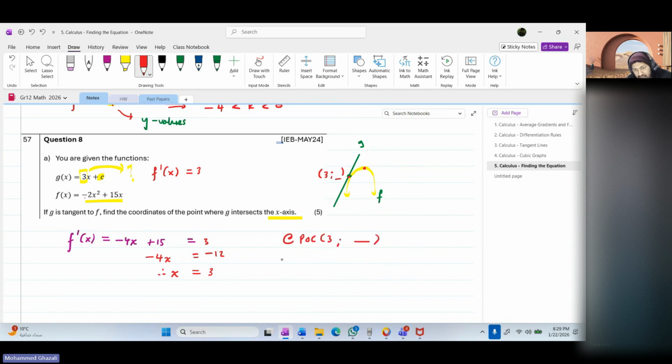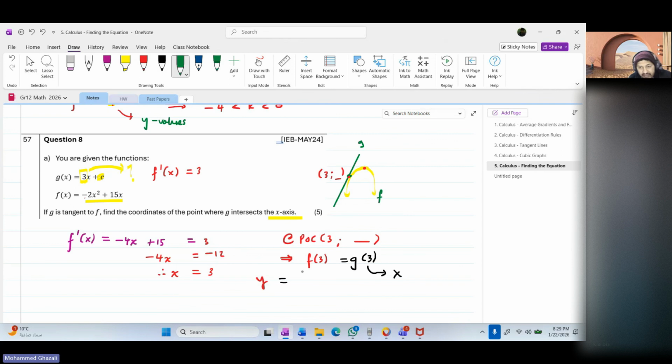The y value at the point of contact is found by substituting into f of 3 or g of 3. Same thing. We don't know what the y value is yet, but we have f of 3 or g of 3. F of 3 and g of 3 are both equivalent because it's the point of contact. So f of 3 must be equal to g of 3. But g of 3, I can't find. But f of 3 I can find because the full equation is given. So what's f of 3?